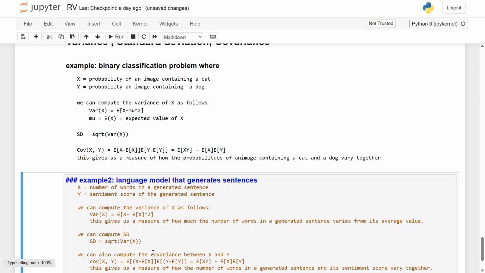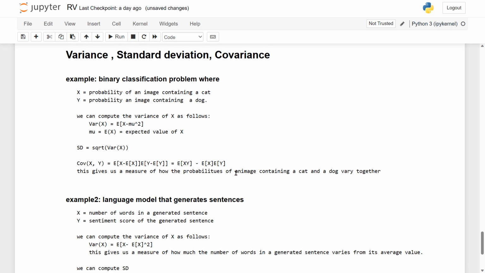So with this, variance and covariance are important measures in probability theory and statistics, as they provide information about the spread and correlation of random variables. They are often used in machine learning to assess the performance of models and to evaluate the relationships between different variables.